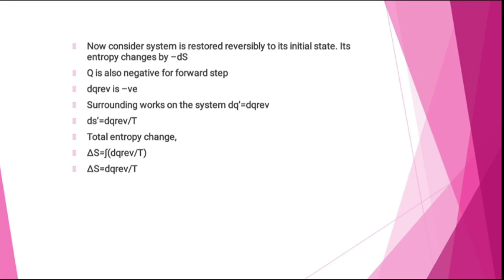And then we are going to write down the entropy. The entropy definition is dS is equal to dq reversible by T. That's why dS dash is equal to dq reversible by T. So the total entropy change is given by the equation delta S. Delta S represents the change in entropy between the initial and final states, and this can be given by the integration of dq reversible by T. The integration will be from the initial state to the final state, and now q is not a state function, that's why we cannot write it as q2 minus q1.